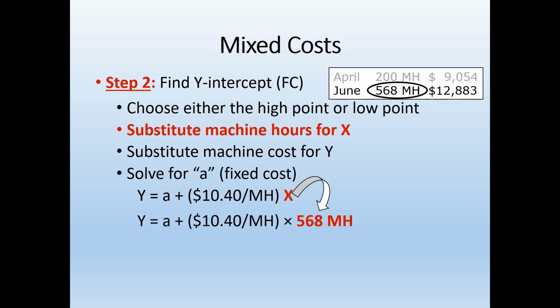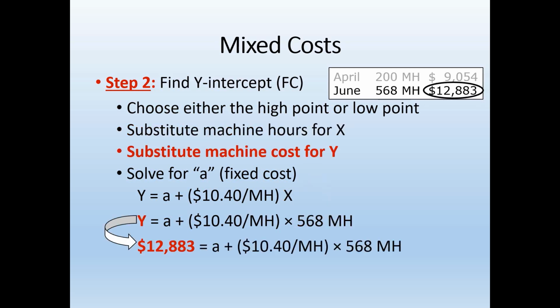There's the total machine hours for X. There's the total cost for Y. And that leaves us with one equation and one variable. So we know that we can solve for A, which represents the y-intercept. So we multiply the variable cost per machine hour, $10.40, times the number of machine hours in June.